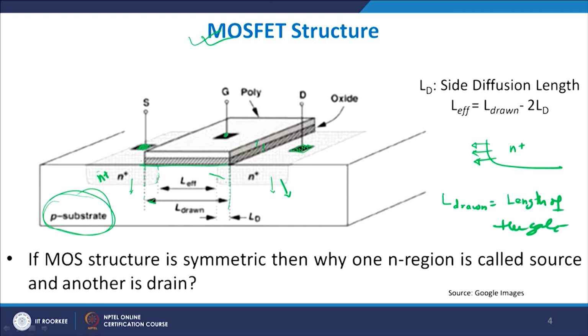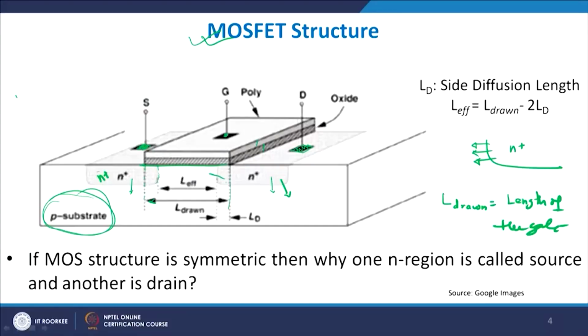But because of doping being laterally shifted due to temperature variations and so on, the effective channel length is reduced from L drawn to L effective, which is L drawn minus 2 times LD. And why 2 times? Because one on this side and one on this side.